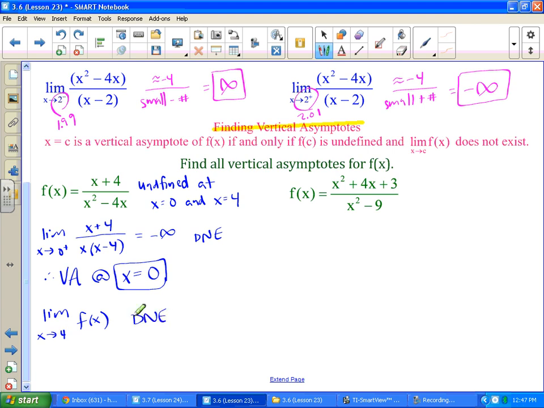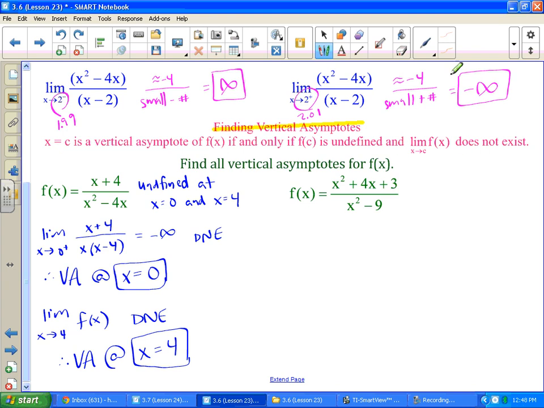So what do I know? It's a vertical asymptote, right? So there's a vertical asymptote at x equals 4. Okay, so these are my vertical asymptotes. If this went to a number, it wouldn't be a vertical asymptote, because there's actually a value then for that spot.